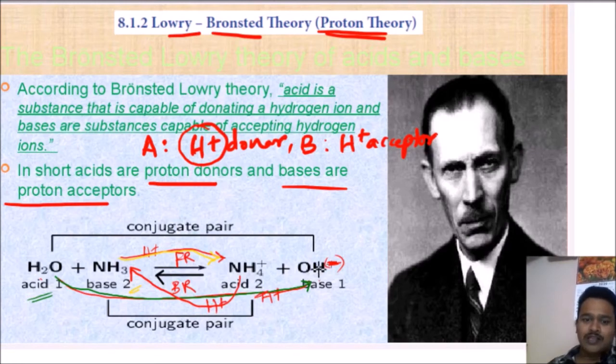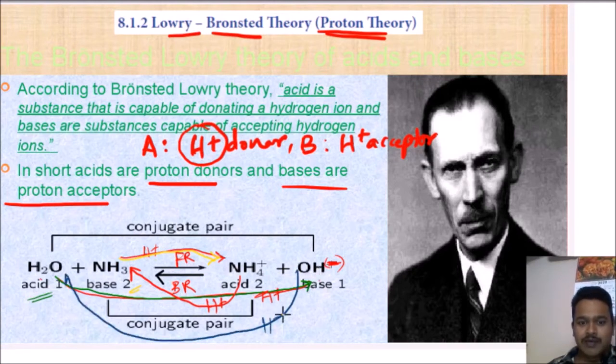And here OH minus, going to H2O, what happened? It is accepting one H plus, so this is a base. Accepting H plus means that is a base. So in the reaction, this is an acid, this is a base. Correspondingly for this one, this is a base, and correspondingly this is an acid.